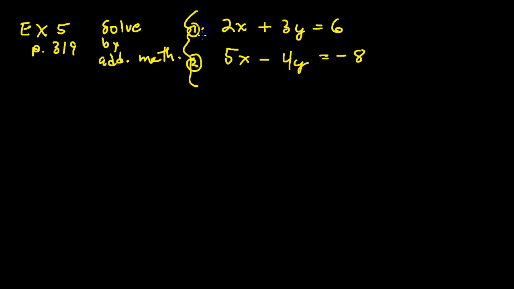Our author chooses to go for eliminating x. If you want to eliminate the x variables, I suppose the easiest way would be to take equation 1 and multiply it by negative 5. I'll indicate it like this. 1 times negative 5.